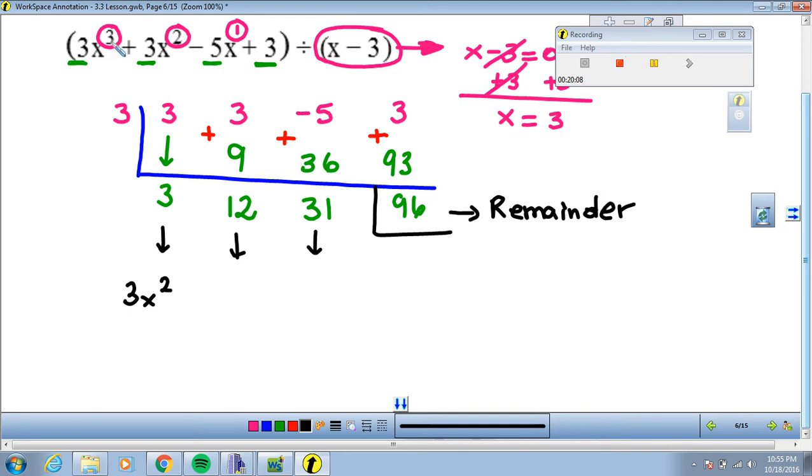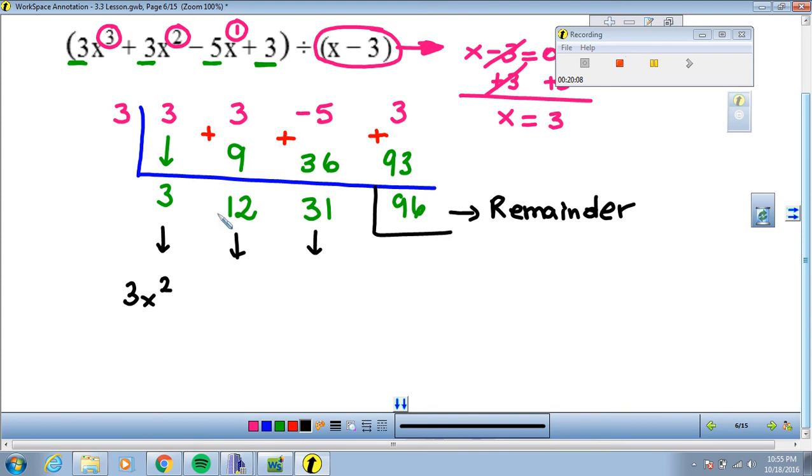So if the highest exponent on the original polynomial is a 3, like we can see, then you should start with a term that has an exponent one less than that, so an x to the second power. The 3 that I put at the front, it's basically this number that you see here. So those are going to be your coefficients.